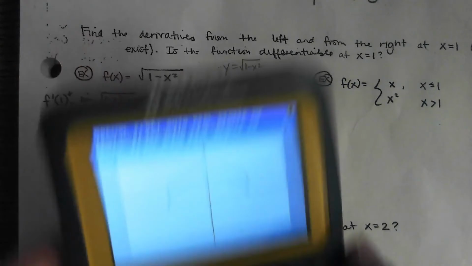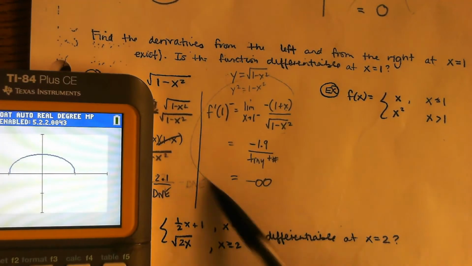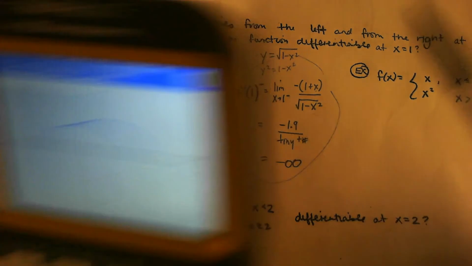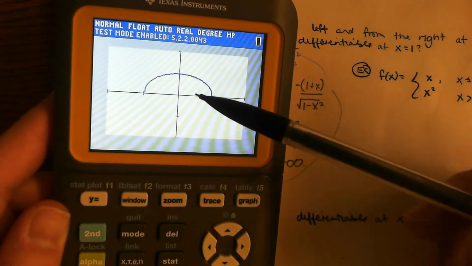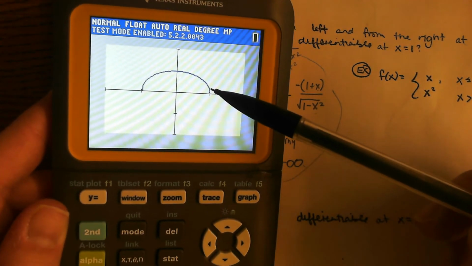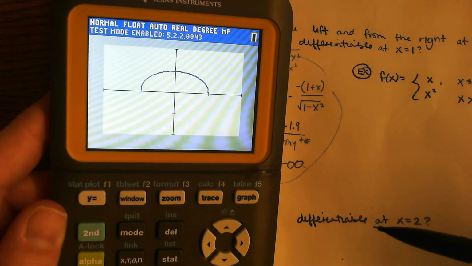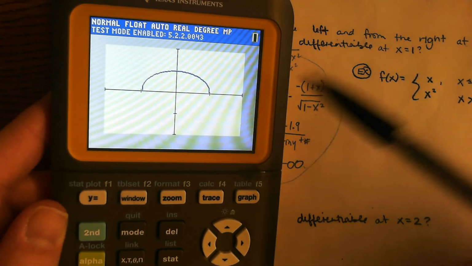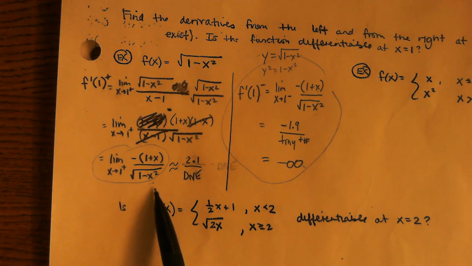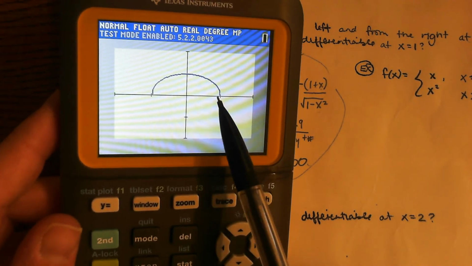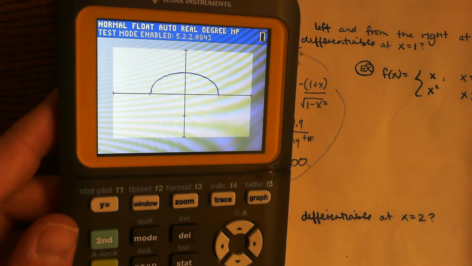So that makes sense of approaching 1 and looking for your derivative coming from the left, why it is -infinity. Because it's getting more and more negative until it's a vertical line. Yes? And then it makes sense why coming from the right it doesn't exist, because you can't approach 1 from the right on this graph.